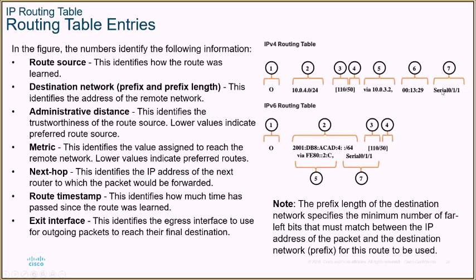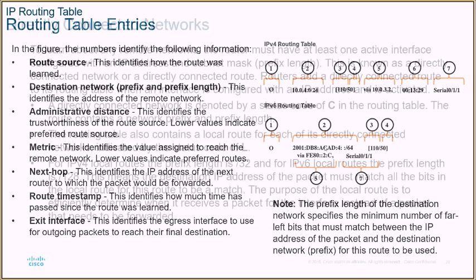This is the interface you need to send it out of to get it towards its destination, and so serial 0/1/1. Note, the prefix length of the destination network specifies the minimum number of far left bits that must match between the IP address of the packet and the destination network for this route to be used. So again, we're talking about length of match.